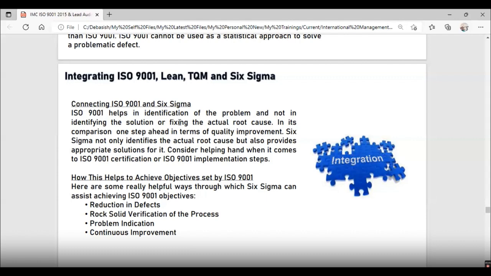Here are some really helpful ways through which Six Sigma can assist in achieving ISO 9001 objectives. Number 1, reduction in defects. Number 2, rock solid verification of the process. Number 3, problem indication. And 4, continuous improvement.